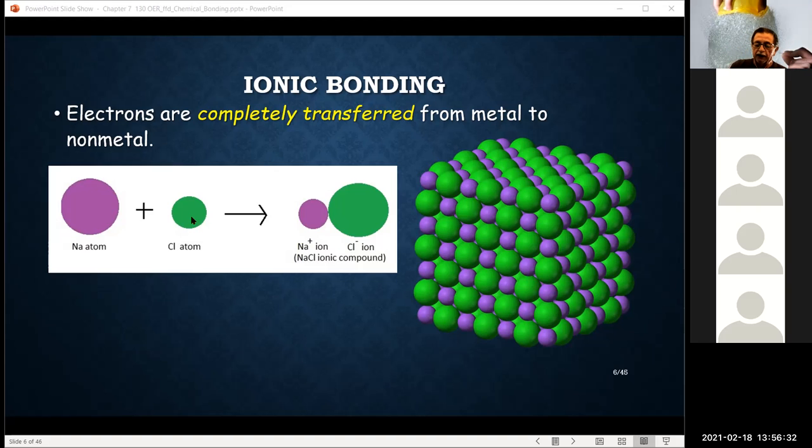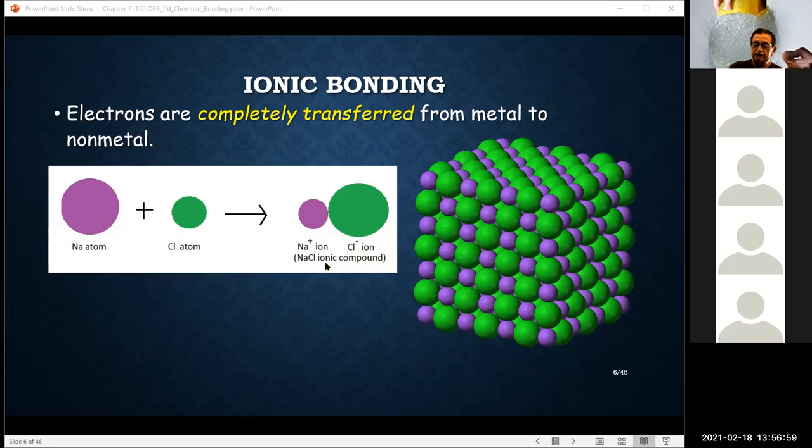And then the chlorine atom in green is much smaller than the chloride ion, because the chlorine atom picked up an electron, which takes up more space, so its radius increases. So that really demonstrates what happens to the cation and the anion with respect to radius when you compare it back to the atom itself.